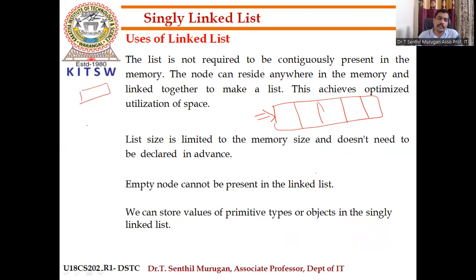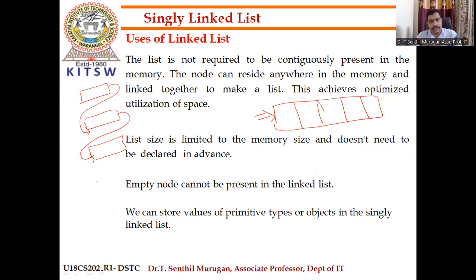It is not continuous. Wherever the memory is free, it is used as a list. Each node has a link to the next free space where the next data is stored, and that is how the list is made. This achieves optimized utilization of space. If there is no continuous memory available, the linked list will utilize the free spaces wherever they are in the memory.